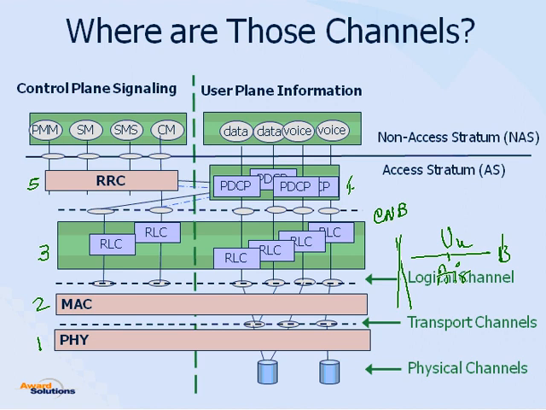And we have logical channel here. So RLC constructs logical channels. Then MAC layer will map the logical channel onto some transport channel. The physical layer will map a transport channel onto a specific physical channel. So that's where the channels exist. Okay?